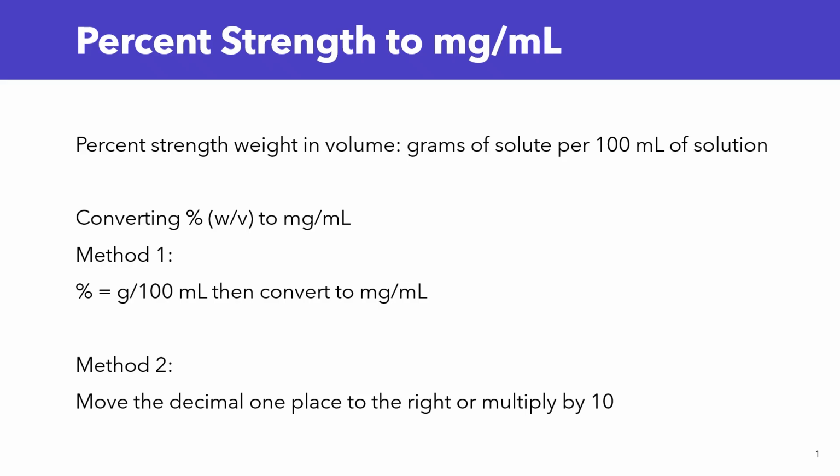So how do you convert percent strength to milligram per ml? We already know that percent is gram over 100 ml. Now to convert to milligram per ml, we need to convert grams to milligrams.